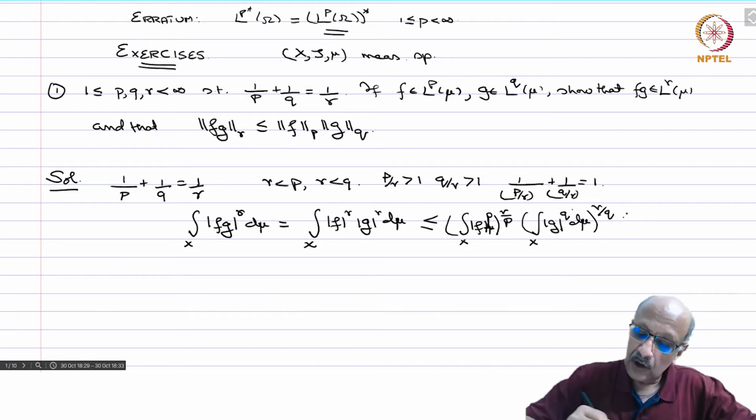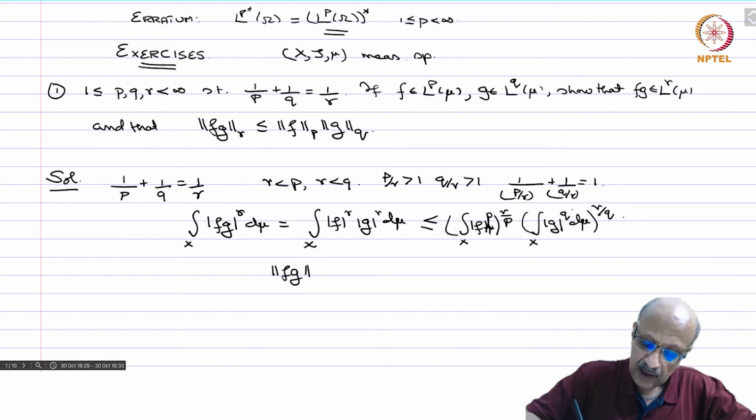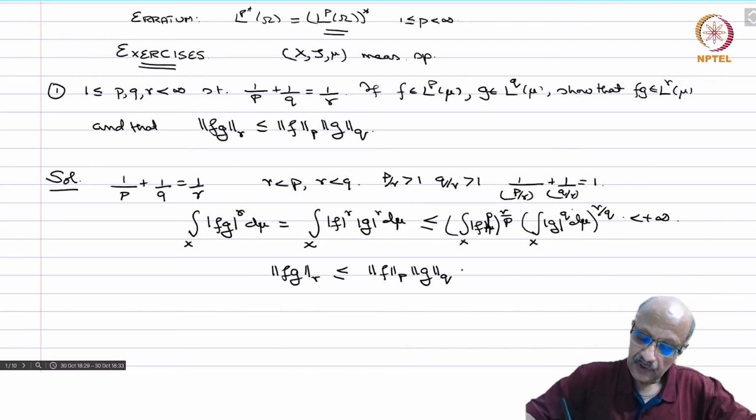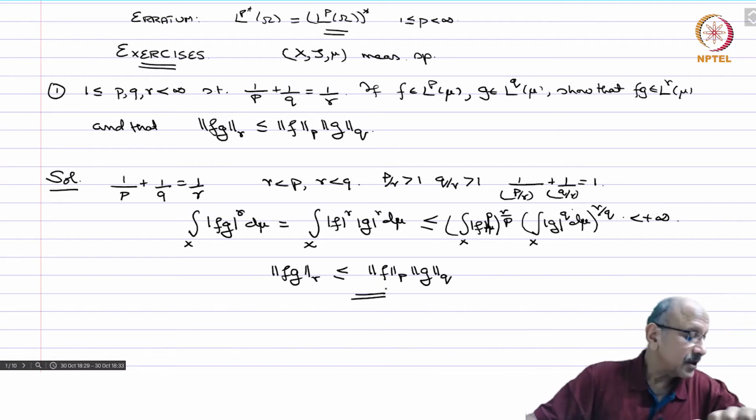Now you take the rth root on both sides, and you get the norm of fg in L^r. This is finite, and therefore |fg|^r is integrable, and the norm of fg in L^r is less than or equal to the norm of f in L^p times the norm of g in L^q. Okay, so that is the solution.